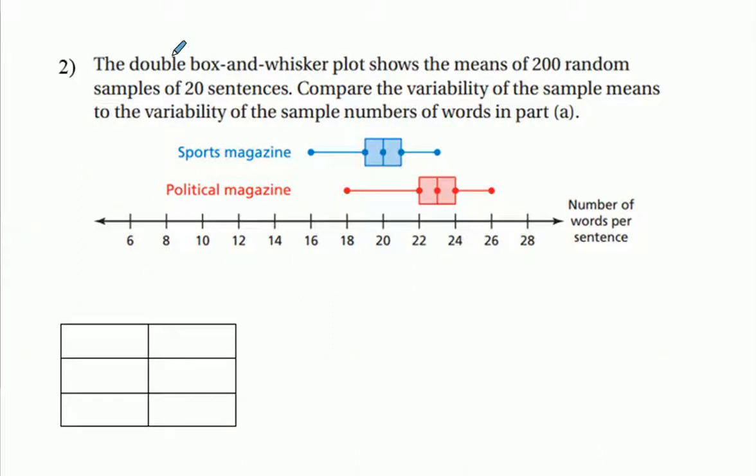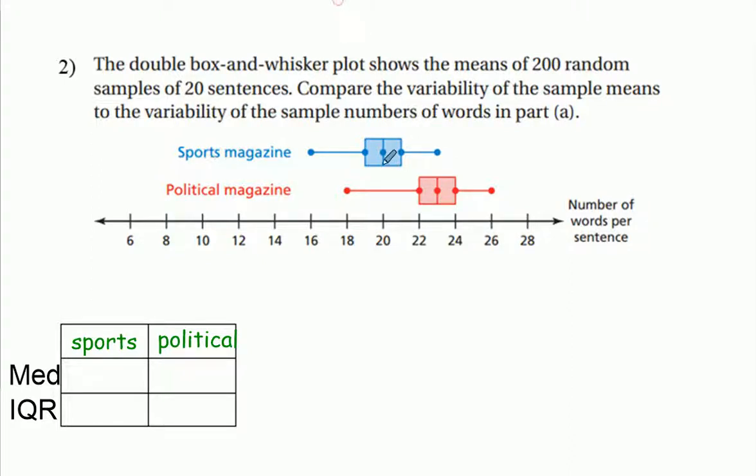For number 2, our two labels would be sports and politics or political magazines, and I am comparing the number of words in a sentence. So I'm comparing their median and also their IQR, their interquartile range. For this one's a little tricky, it's not so clear here.